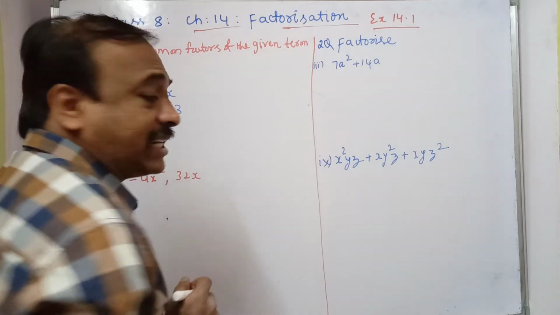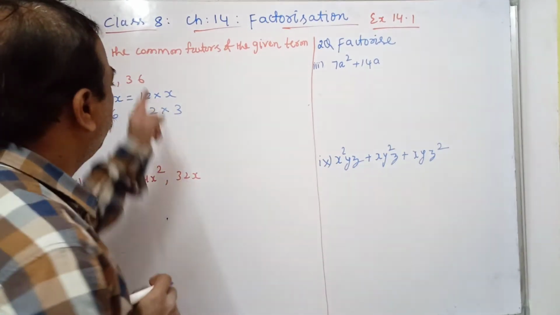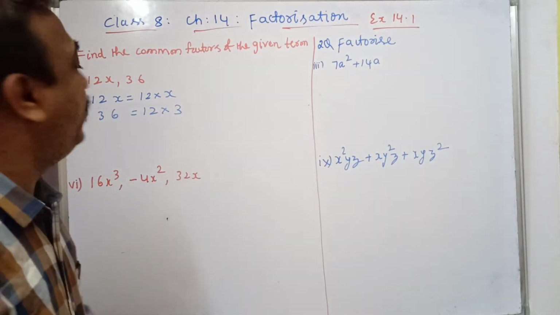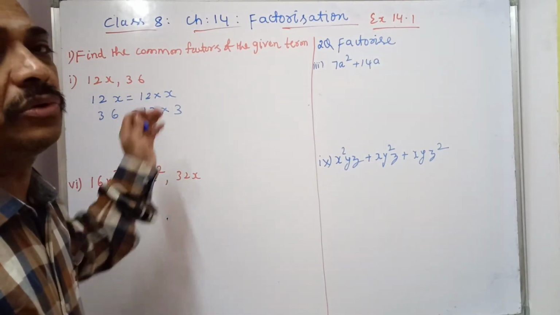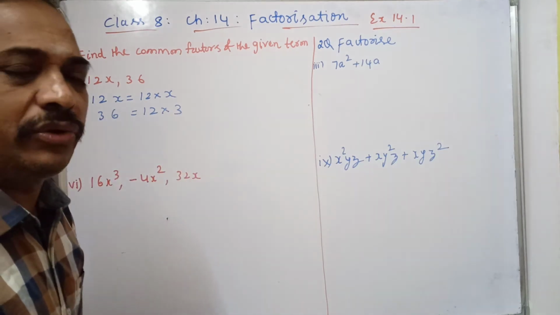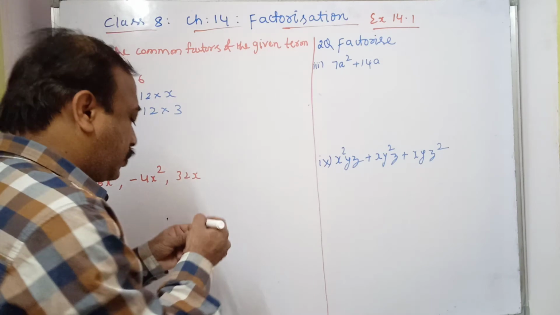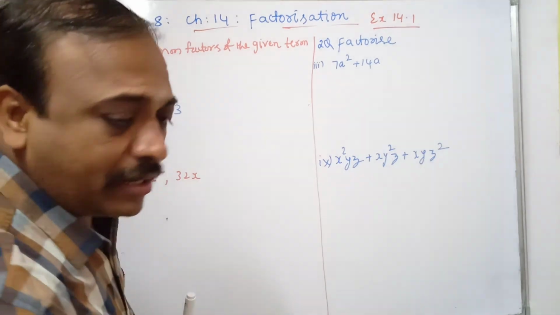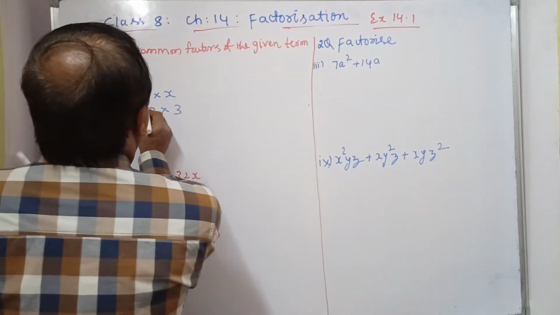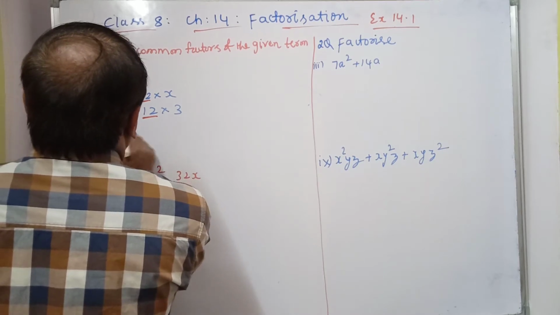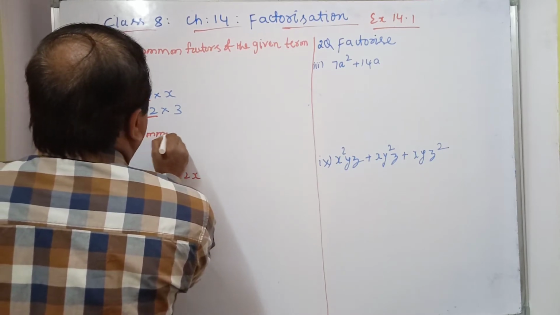Which is the common factor? 12 is the common factor. Even you can write 2 into 2 into 3 and 2 into 2 into 3 into 3, but finally we get the common factor as 12. So 12 is the common factor in both.